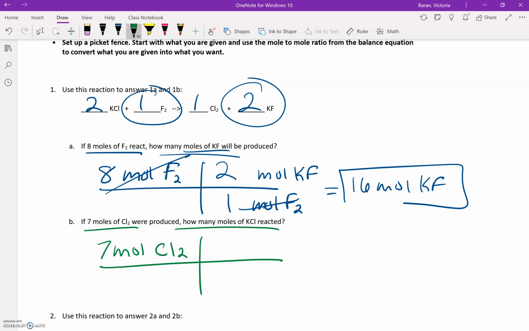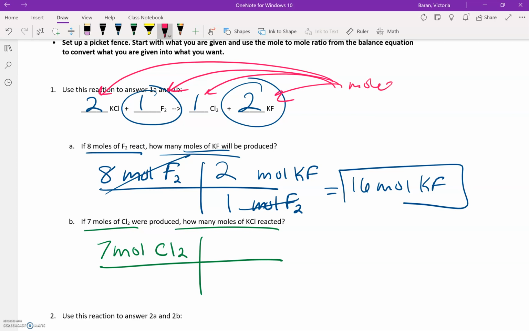Now, since we're already in moles, and we'll get more into this later, once you have moles, you can start using the balanced chemical equation, because again, those numbers in the front, these numbers here, that's representing moles.